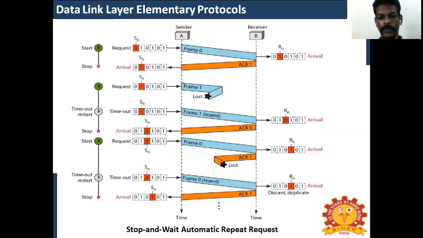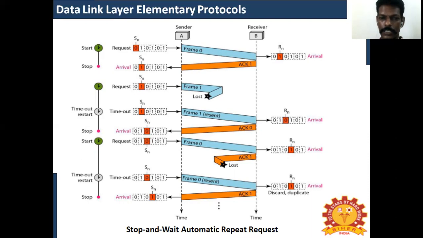Again, I resend frame 0. I keep a duplicate copy of frame 0 in my buffer memory. After resending frame 0, the receiver receives it successfully and sends the acknowledgement.